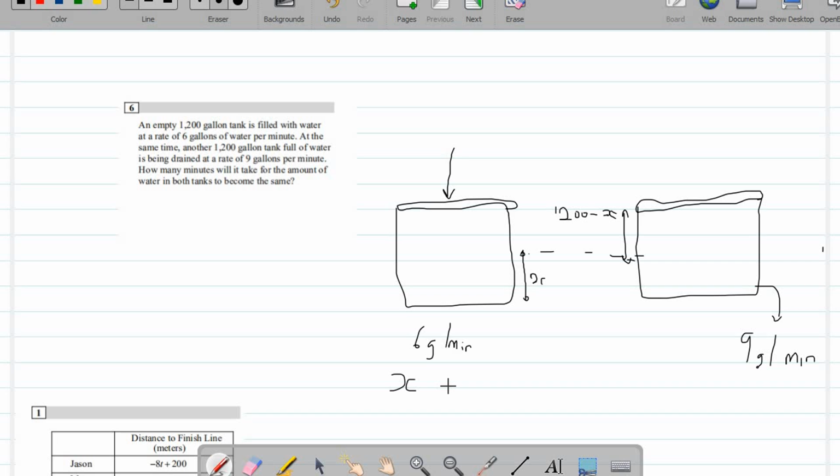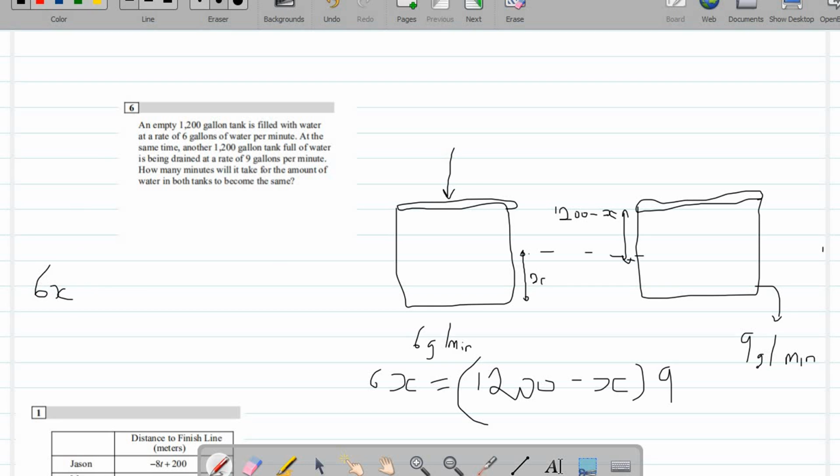Let's just try to get x first. Whatever we do to this side is what we're going to do to the next side. So we have x times 6 as 6x is equal to 1,200 minus x times 9. That's what we're looking for. We're looking for that level actually first.